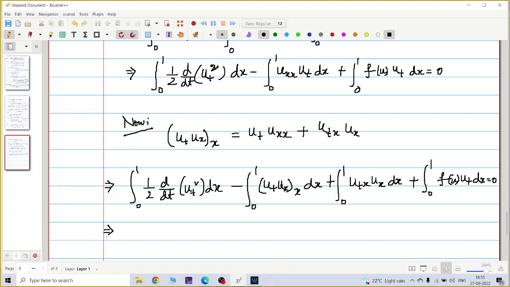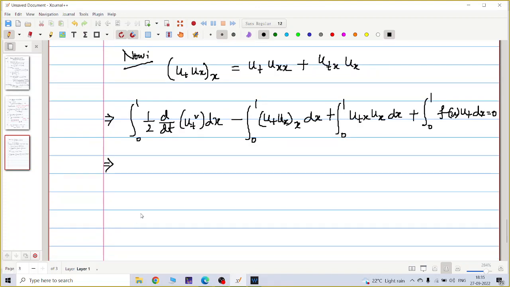I will not use integration by parts here. I will directly integrate, because here it is a derivative with respect to x, and the integration is also with respect to x. So integrating the derivative of a function gives the function itself. So I am just putting the function ut ux at 0 and 1.